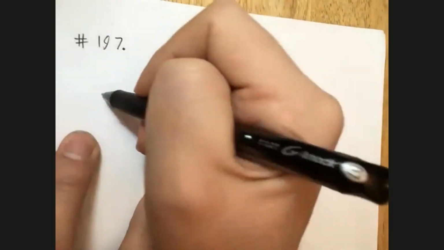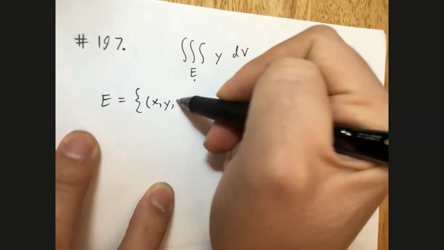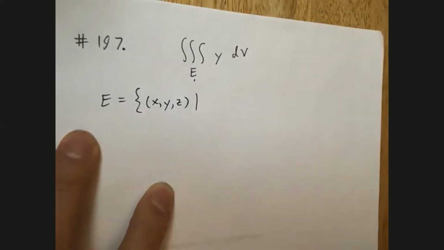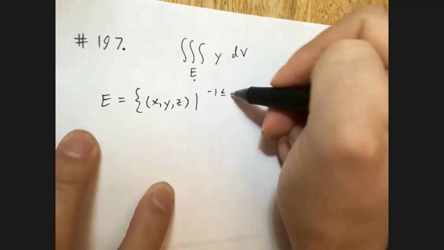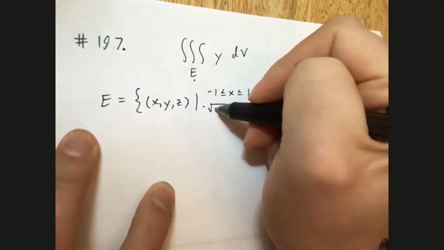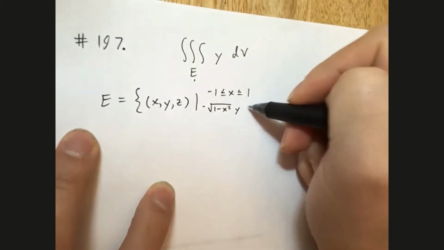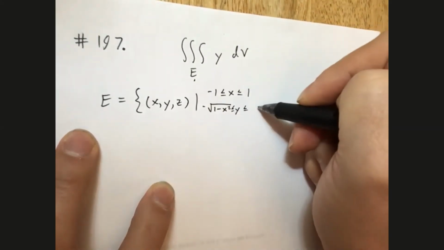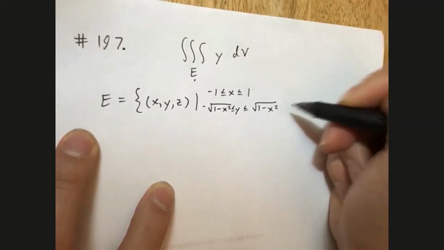Here, the region E, they say, is the set of points x, y, z such that -1 is less than or equal to x is less than 1. Y is between negative root 1 minus x squared, oops, to positive root 1 minus x squared.